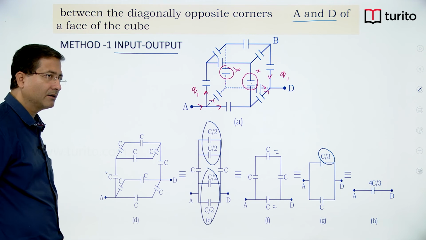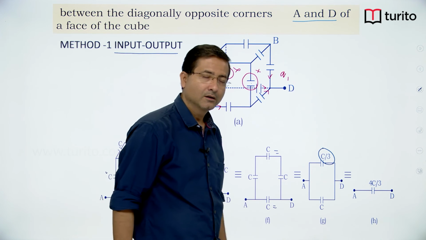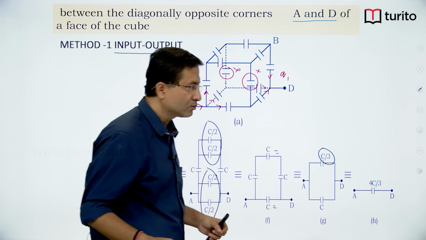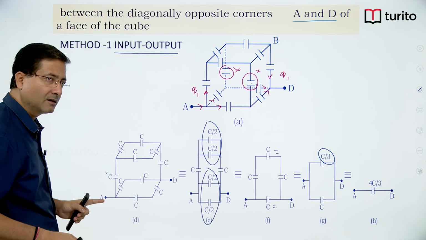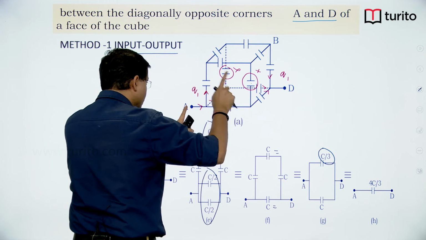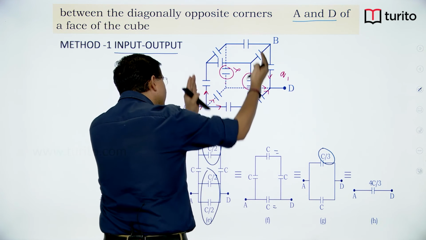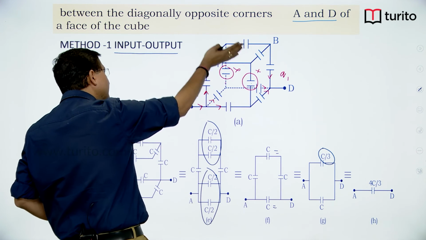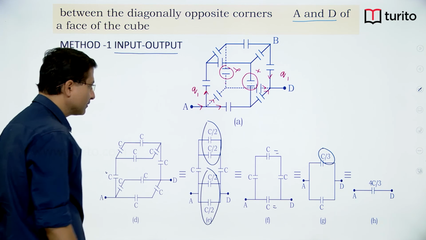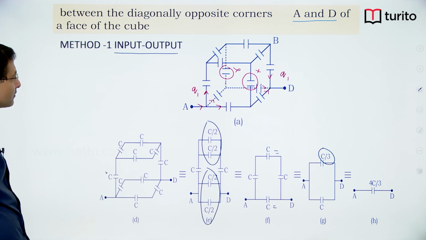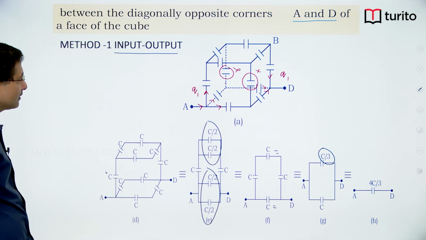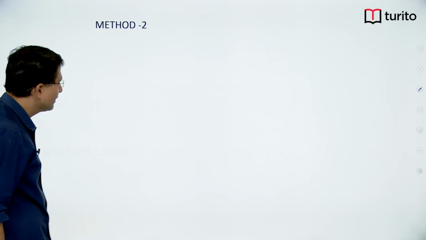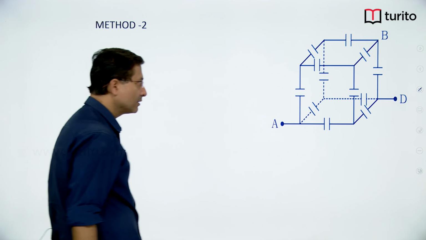Is there any other kind of symmetry in the circuit? Through C and D, visualize, through C and D you can pass a plane, through A and D you can pass a vertical plane, and about that vertical plane the circuit is symmetric. Whatever you are getting this side, the same you will be getting on the other side. Okay, let us draw another circuit, because in this circuit you won't understand, I will take another circuit.